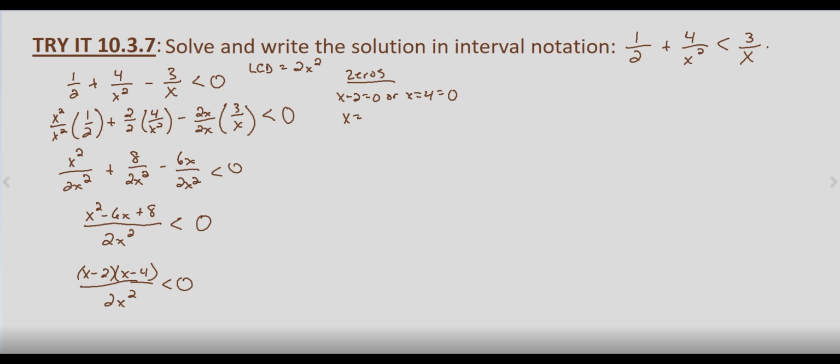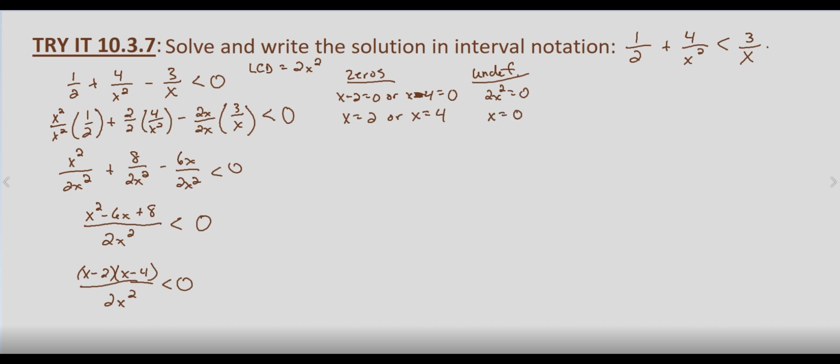That gives us x equals 2, or x minus 4 equals 0, so x equals 4. And then we also need to look at where it's undefined, and that's when the denominator equals 0. So 2x squared equals 0 when x equals 0. So there are our critical points.